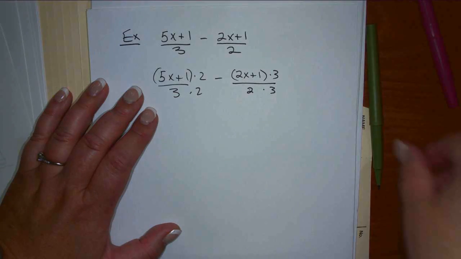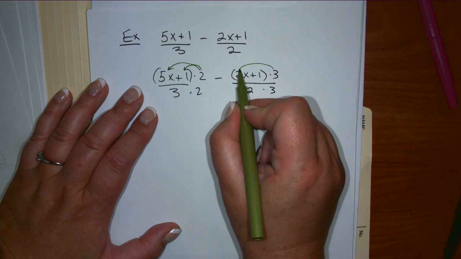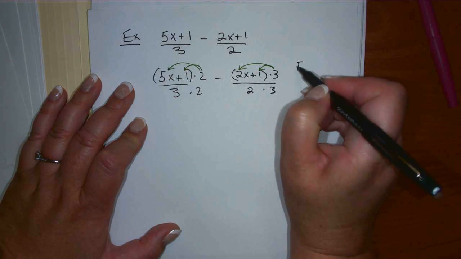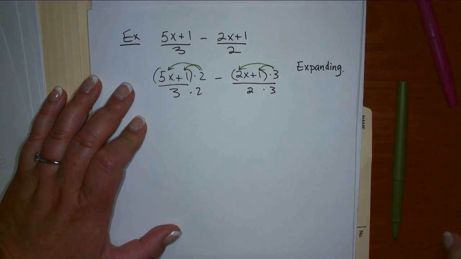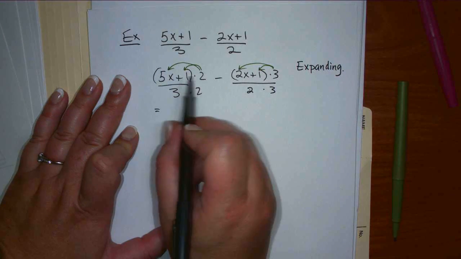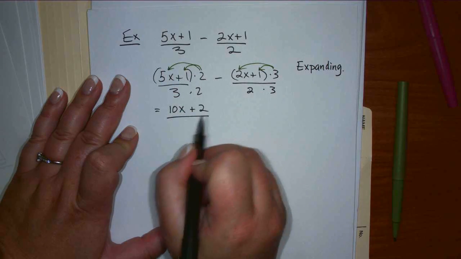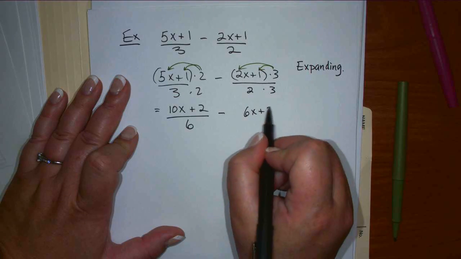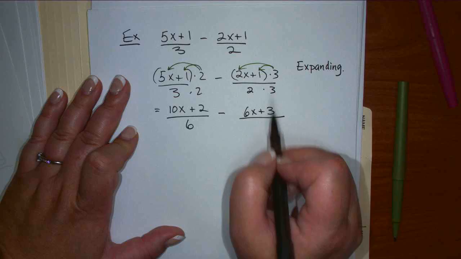So you actually have to multiply that into both pieces, which we call expanding. So here we've got 5x times 2 is 10x, plus 1 times 2 is 2. And here we have 6x plus 3: 2 times 3 is 6, and 1 times 3 is 3, over 6.